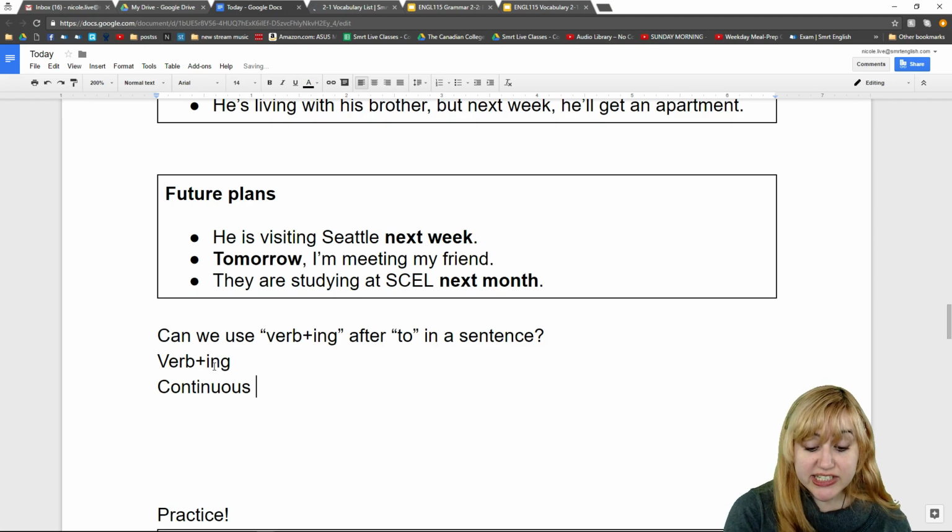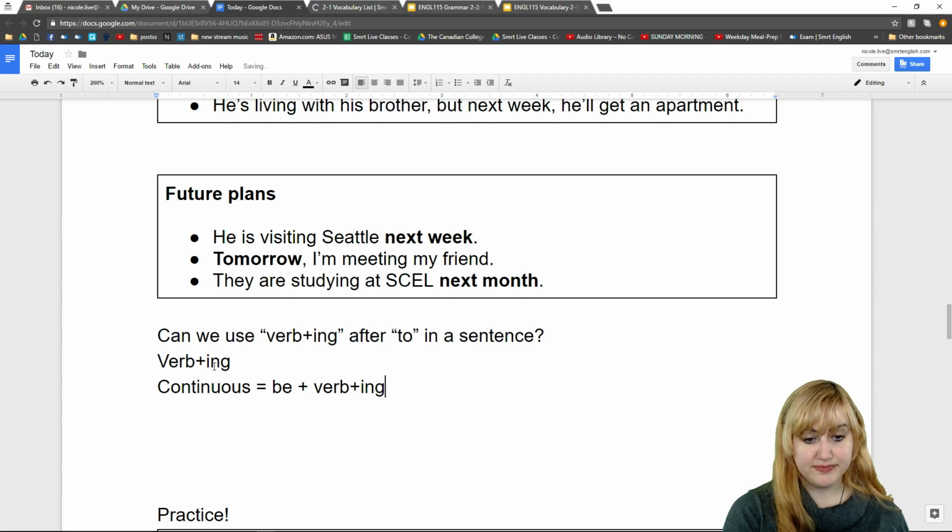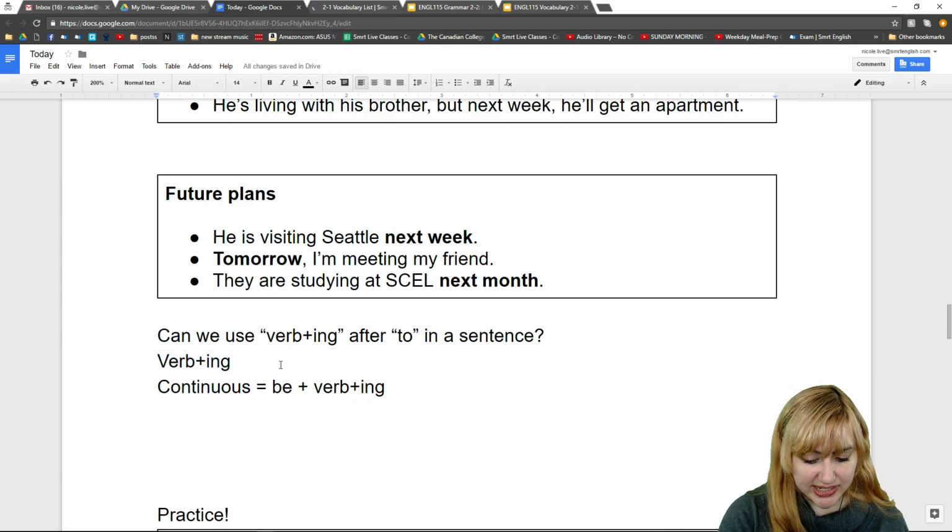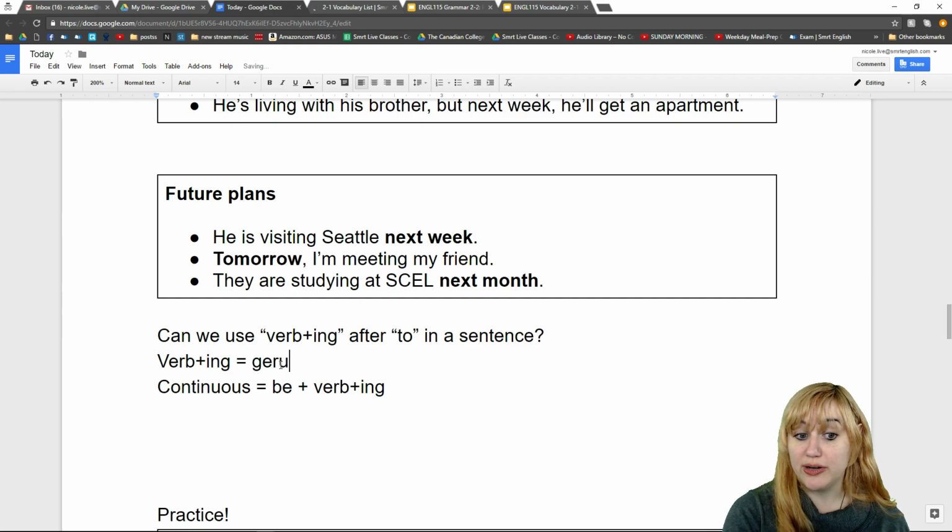Continuous needs two things. We need a be verb, and then we need our verb ing. So two things to make continuous. Sometimes we use verb ing for other stuff. So for example, we can use verb ing for gerunds.